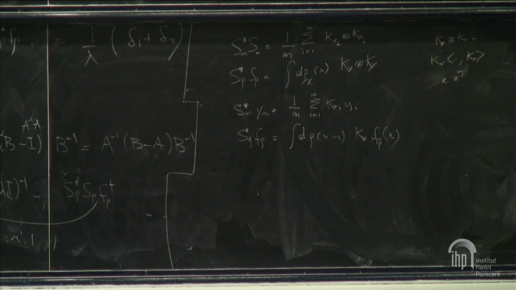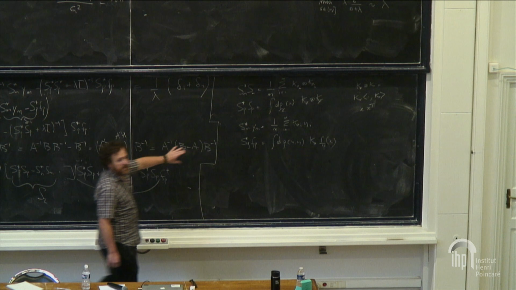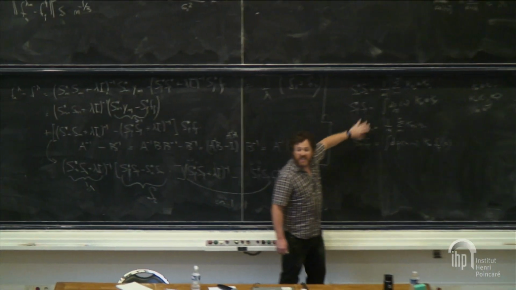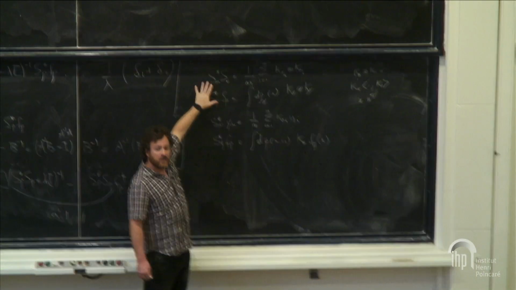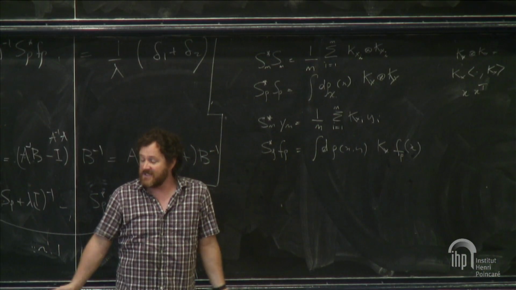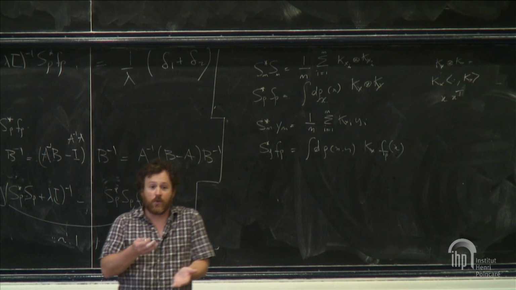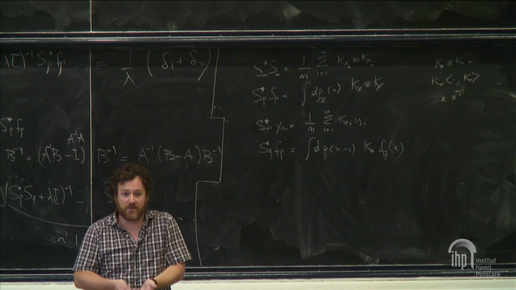Well, now what you have is something that looks like an empirical mean and its expectation. The only thing is that these are not just numbers. These are functions in a Hilbert space, and these are operators. Now, what I'm going to use here is actually the simplest result you have, which is basically the one that extends the Hoeffding inequality from numbers to vectors, or if you want, functions.